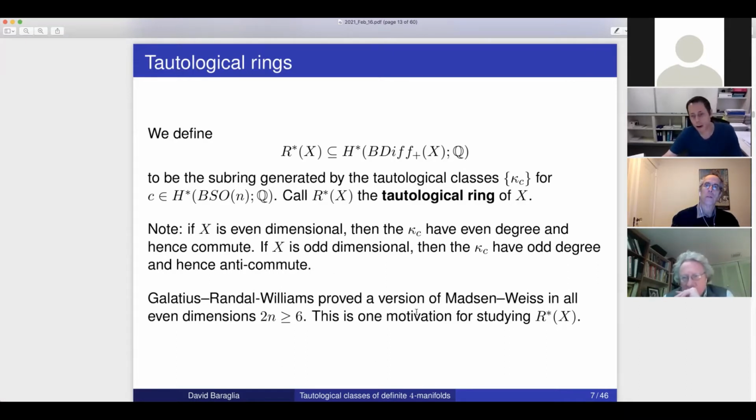So this is a motivation for studying the tautological ring, because in some sense it's the most stable part of this cohomology.